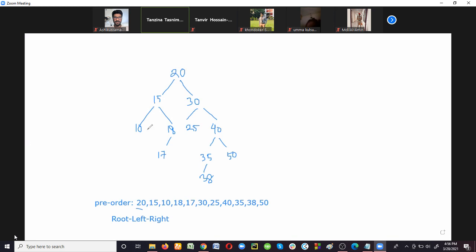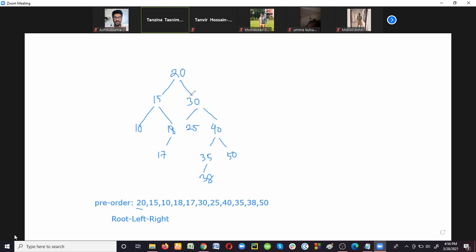After that you can traverse the right element of 15. So 18 is a right child of 15. So after taking it, now you can see that it's also a parent node which has only a left child, that is 17.